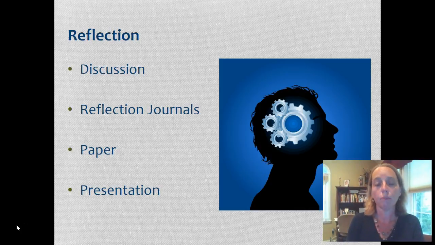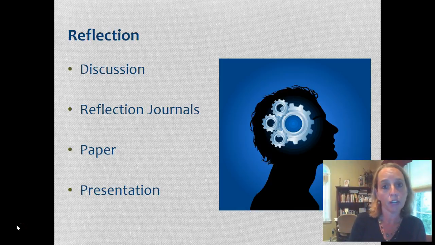So the reflection component is where we bring that experience back and put it in the context of the course itself. And we can do reflection in a variety of ways. It may be a group discussion that happens during class time or in an online format. It could also happen through reflective journals.